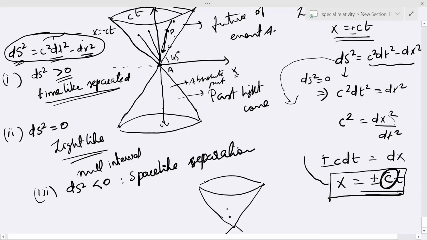So if you take any two events inside this, A and B, all right, this is the light cone for one observer. This observer will say that B happened after A, right? This is the time axis. So one observer will say that B happened after A. But for these two events, d square is greater than 0, they are time-like separated.